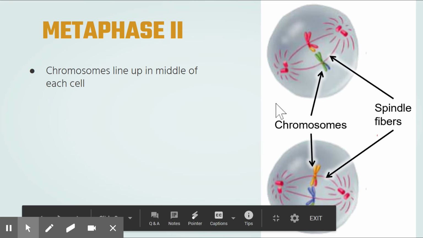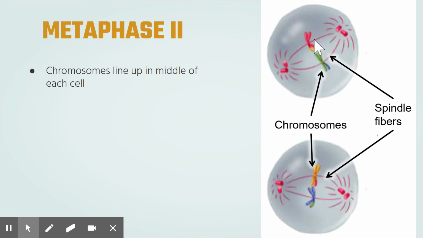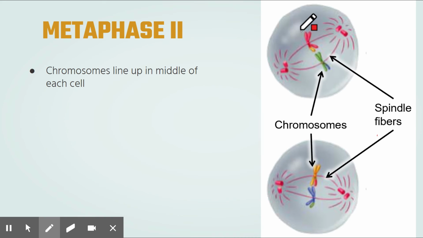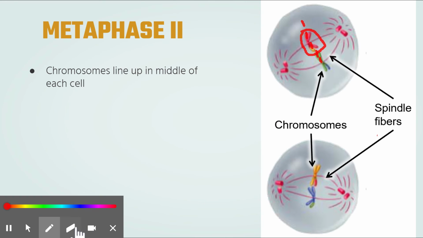During metaphase 1, the chromosomes lined up next to their homologous pair. In metaphase 2, the chromosomes are lined up without their homologous pair next to them. What this means is that the chromosome during anaphase is going to be split in half into two sister chromatids.